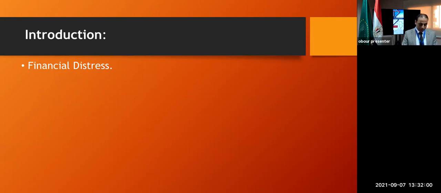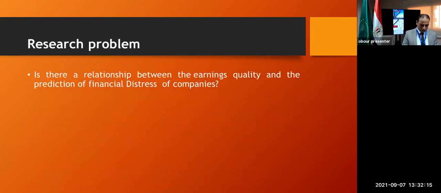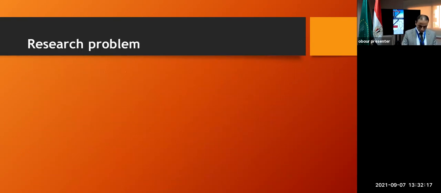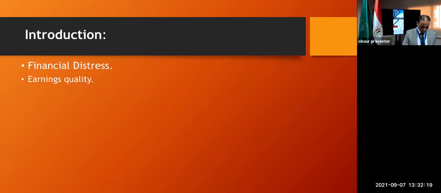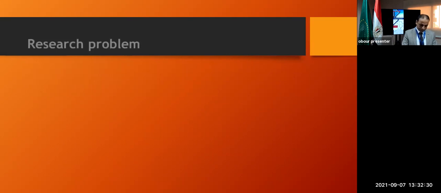When companies face financial distress, it's natural that investors and creditors refuse to invest in these companies. The possibility of the company falling into financial distress is due to earning quality.